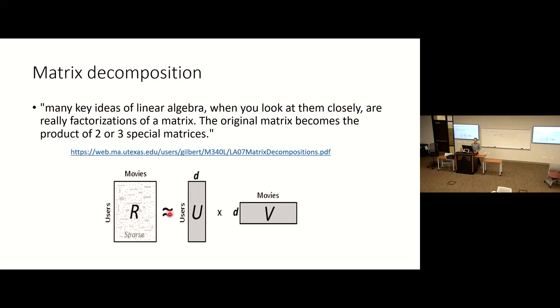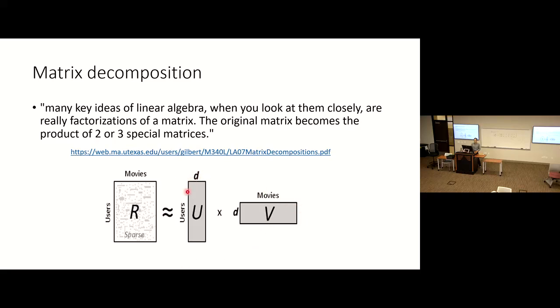But the company wants to decompose this into users with major components, to see what types of users there may be. So the D, you can define this latent variable based on what you need to do. And then you can classify the movies using another matrix, which is D by number of movies.